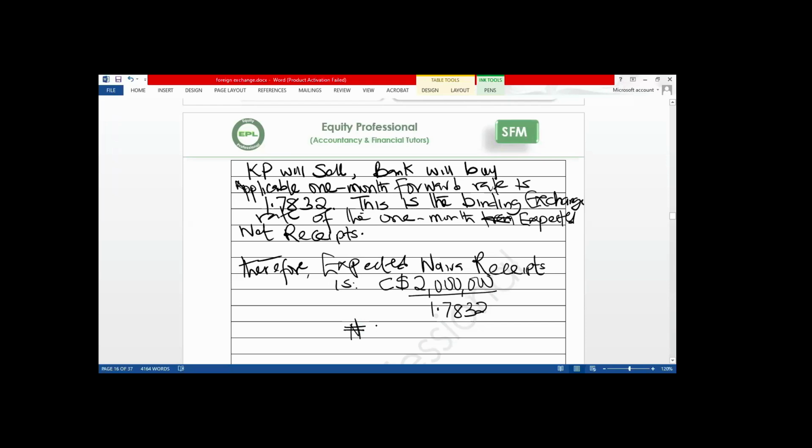What is our answer, please? 1 million, 121, 579. Thank you. This is the Naira to be expected in 1 month's time. And this Naira amount is guaranteed. Once you hedge, that hedging is binding. You are done with 1 month.